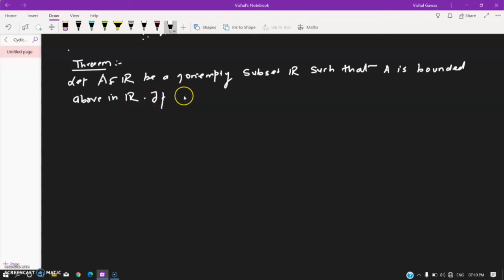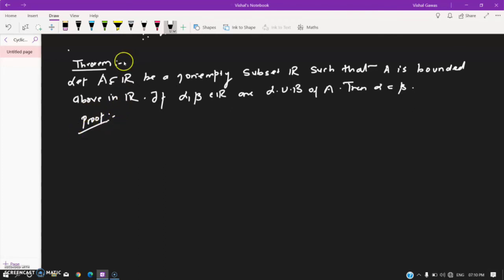If alpha, beta in R are least upper bounds of A, then alpha must be equal to beta. That means if you have supremums, then they must be equal. So the supremum of a set is unique, is the proof.